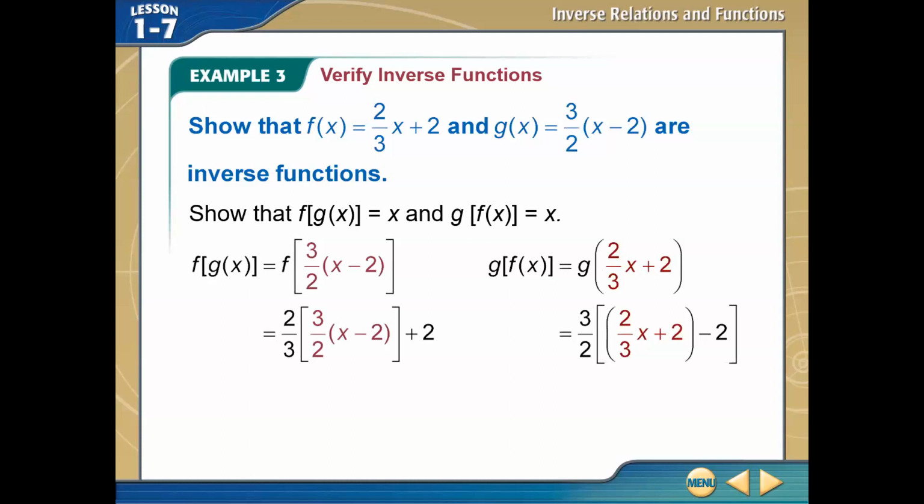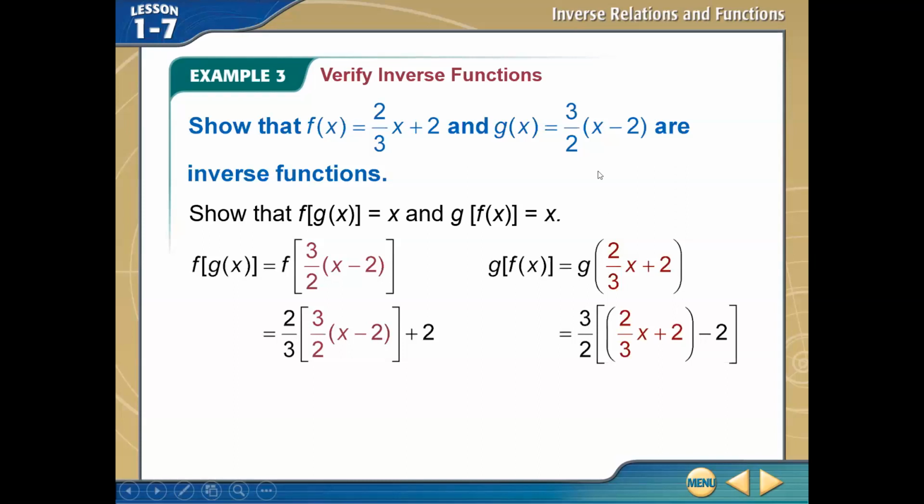So on this left side here, this is the equation for f of x. Okay, and now they've plugged in g of x. You can see once they distribute this, you're going to have 6 over 6, which is equal to 1. Okay, and then that's going to be x minus 2 plus 2, which leaves you with just x. And then on this side, they have g of x as the equation.